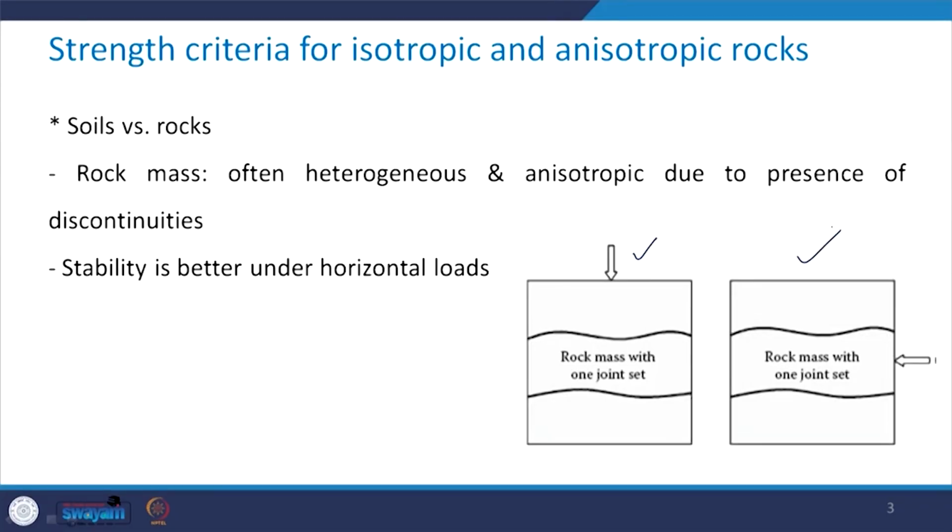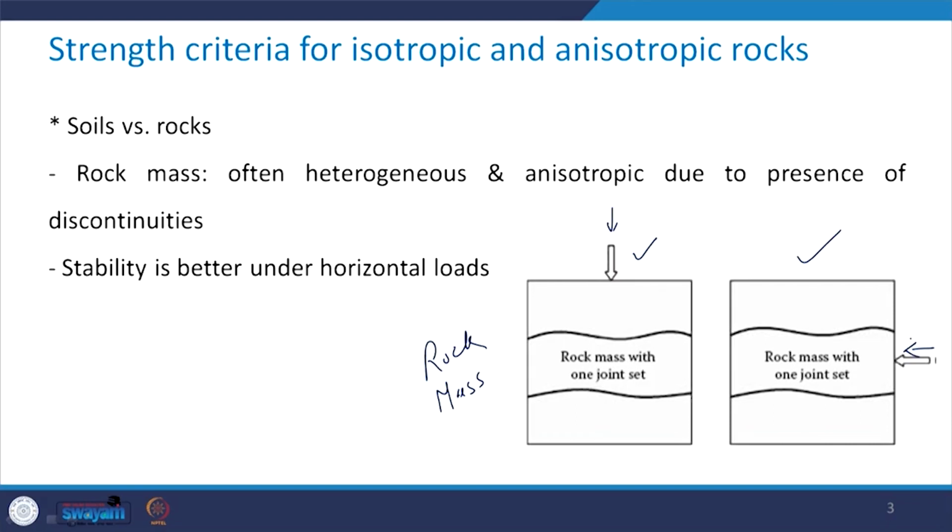Take a look at these two pictures. There is one joint set and this I am calling a rock mass. Now in one case the loading is applied in the vertical direction and in another case the loading is applied in the horizontal direction.